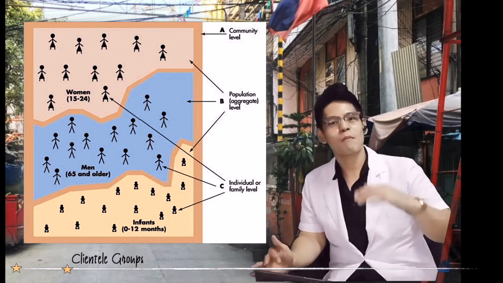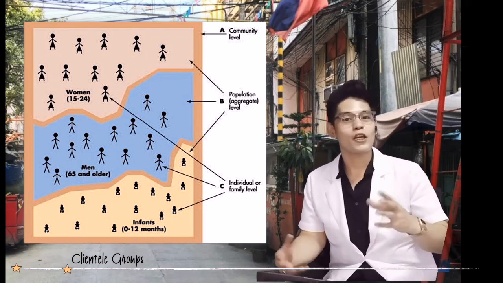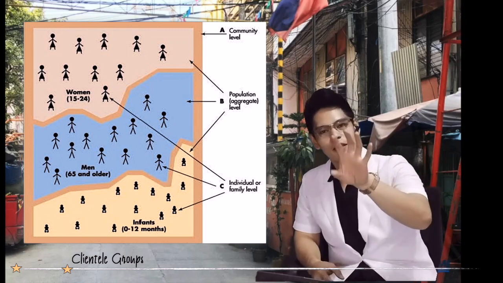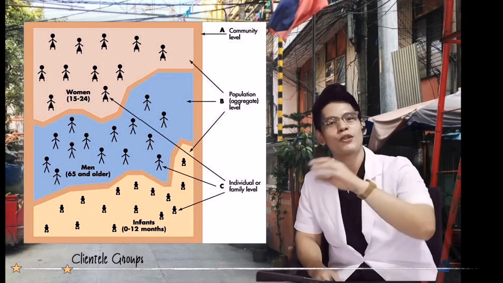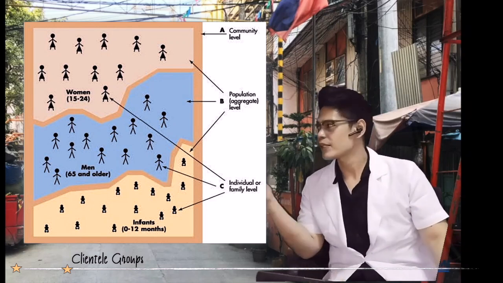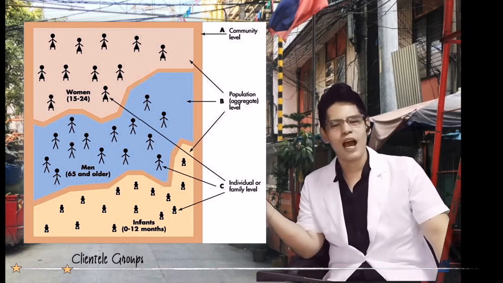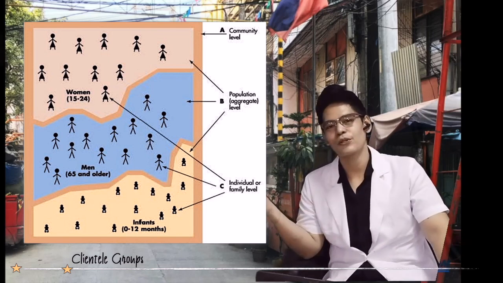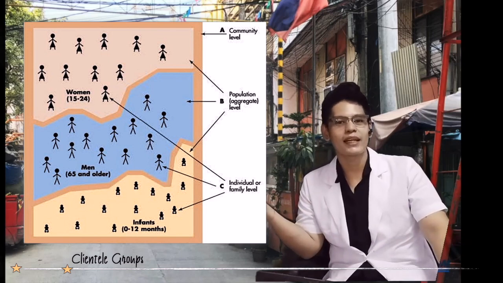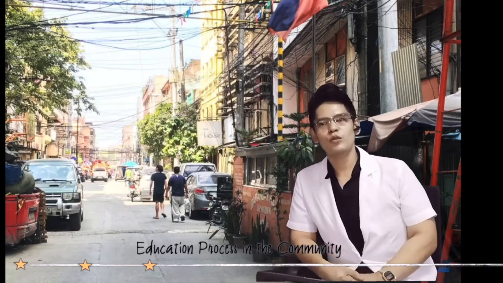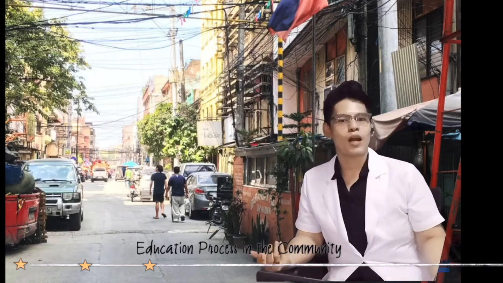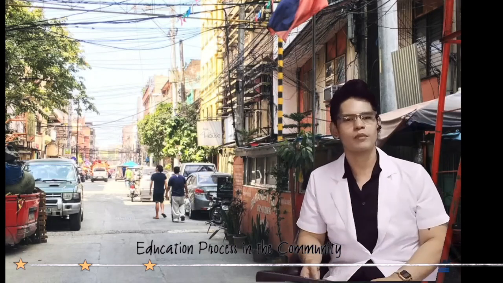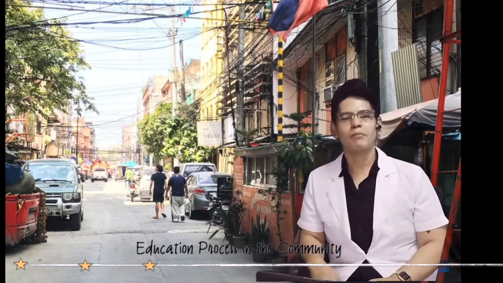And within those population groups and population aggregates, there are families within those and individuals within those families. So this is a perfect depiction of how we look into the different clienteles of the community, according to Marcia Stanhope and Jean Lancaster.